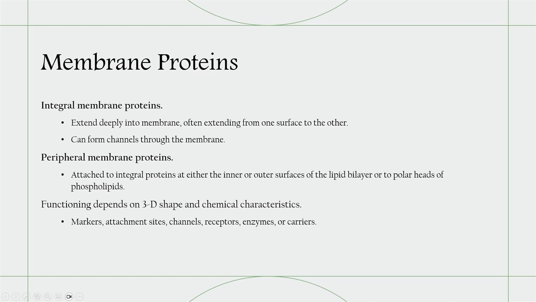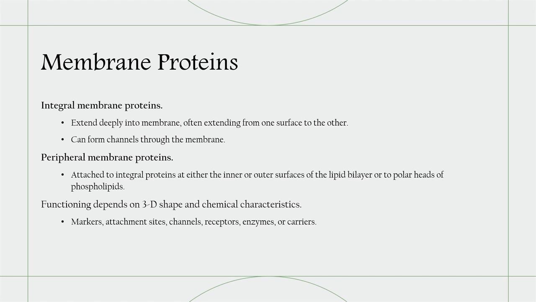There are the membrane proteins, right? So like I said, there are molecules and proteins embedded in this plasma membrane or cell membrane. They can be integral membrane proteins, or they extend deeply into the plasma membrane. Often this is connecting the outside surface to the inside surface, so it's bridging between both phospholipid layers.